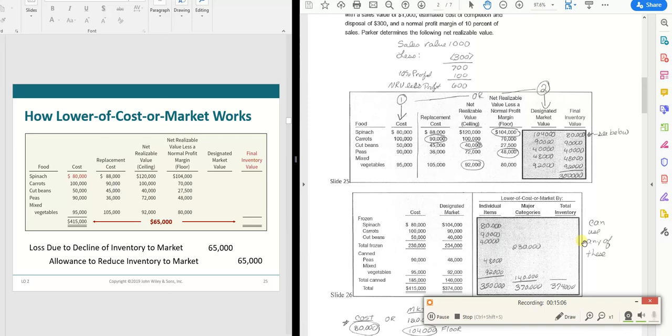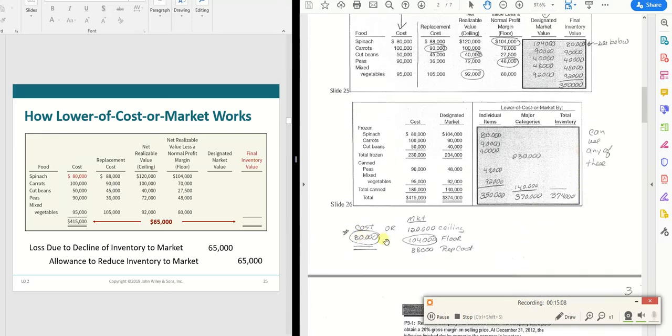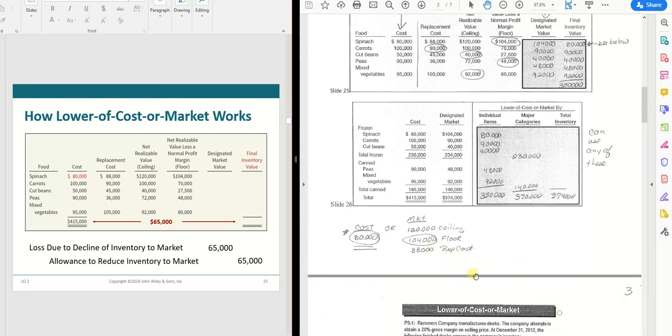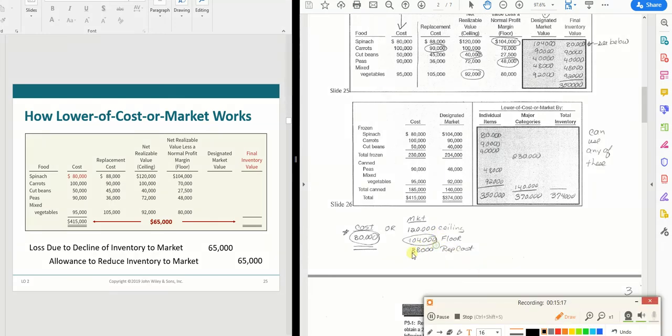So right here, cost or market. Market is my ceiling. My floor is 104. Replacement cost is below it, so I can't use replacement cost. So I'm going to put an X through that. So I stop at my floor of 104.